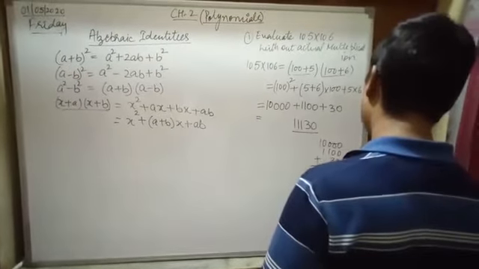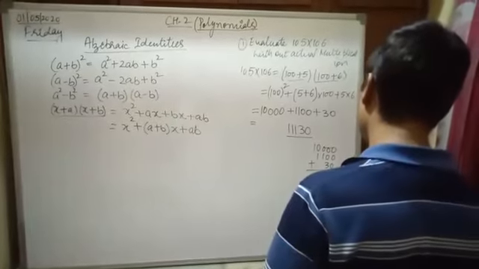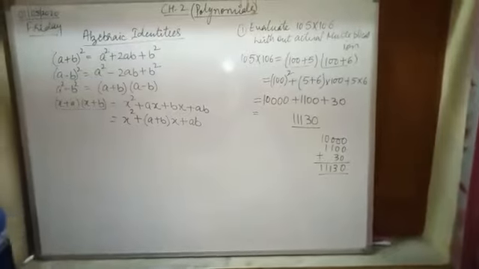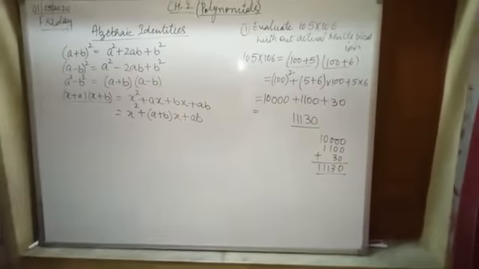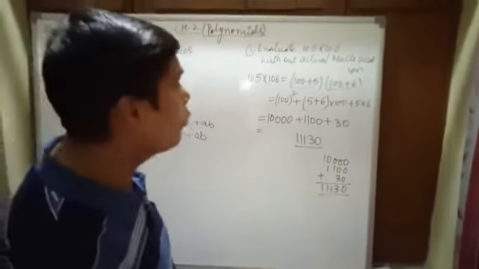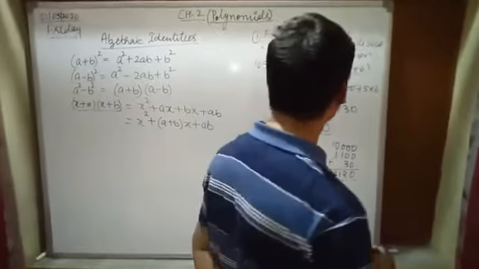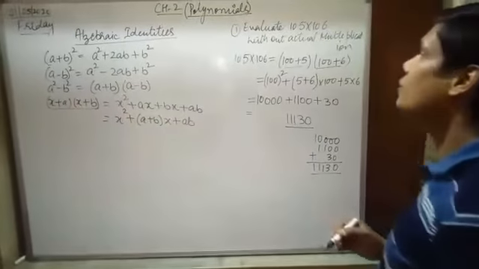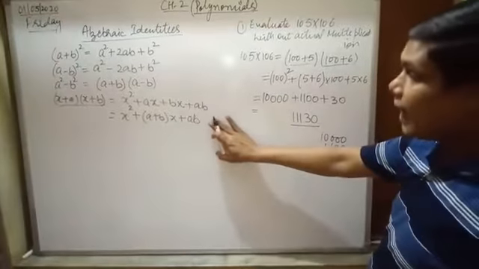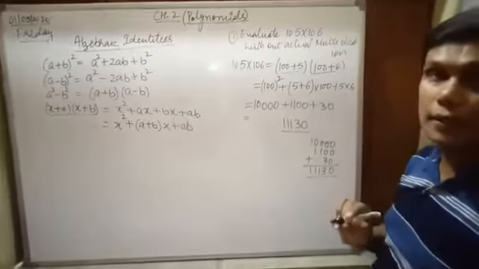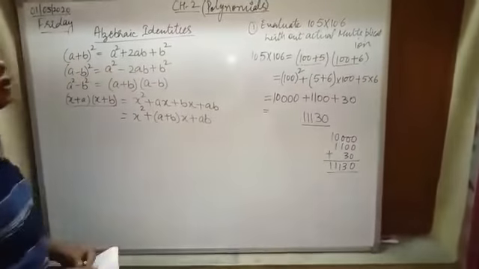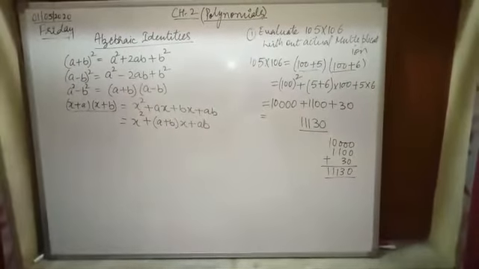We have to add these three values, and the answer is 11,130, without actual multiplication of 105 into 106. So this algebraic identity is directly used in this question. These identities are helpful by this process.